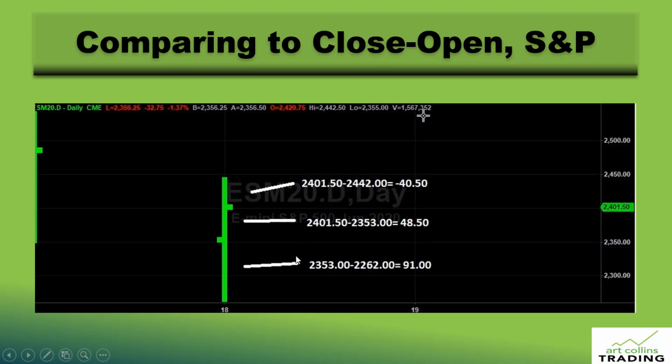And then finally, the open minus the low is again a strength indicator because it's a rejection of that direction. 2353 open minus 2262 low gives us 91.